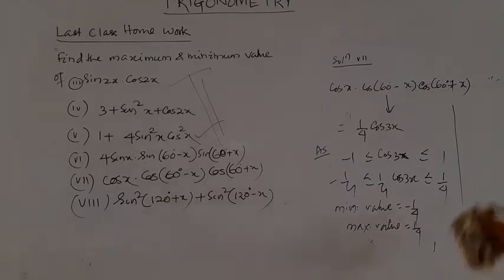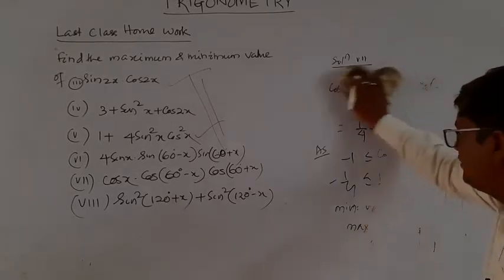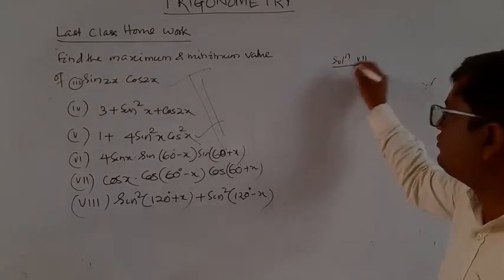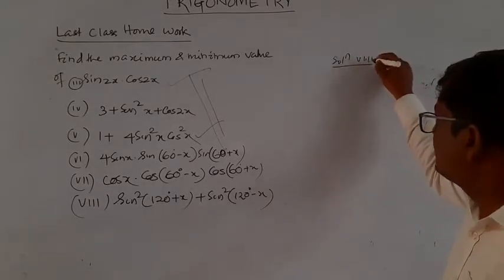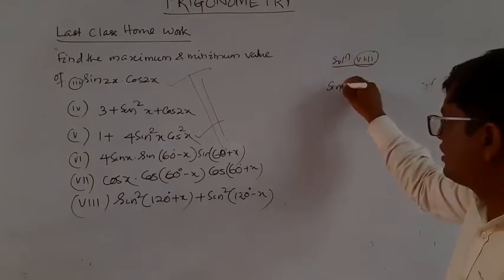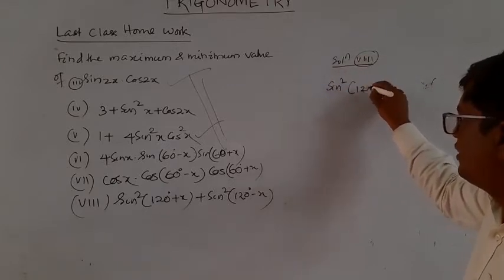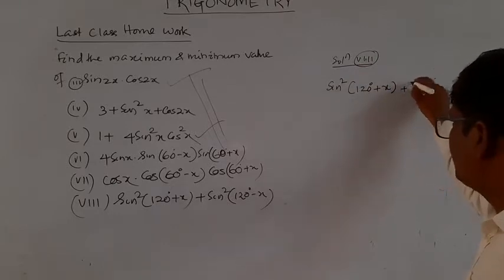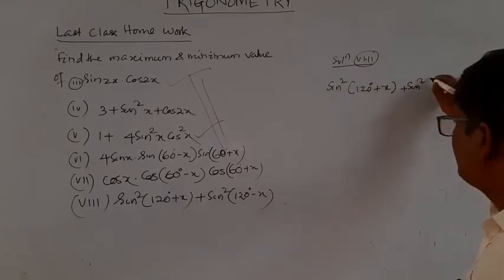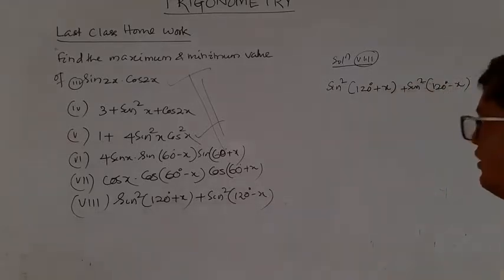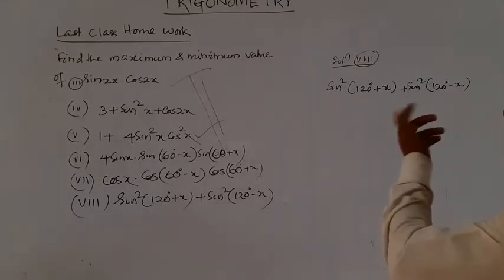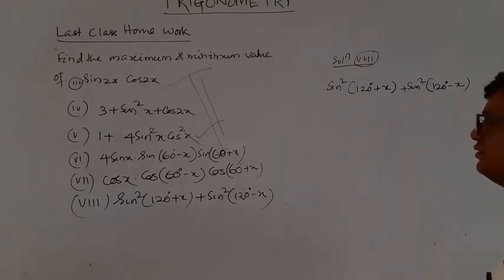Again, the last one, that is the 8th bit. The 8th bit is sin square (120 plus x) plus sin square (120 degree minus x). Okay, so we can use the sin (a plus b) formula and sin (a minus b) formula, then find.